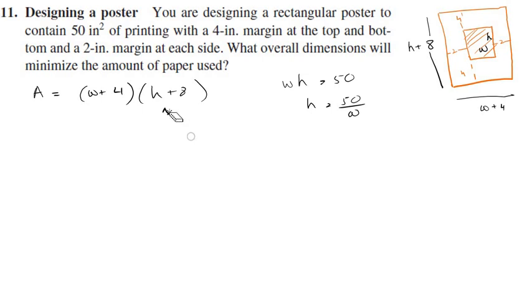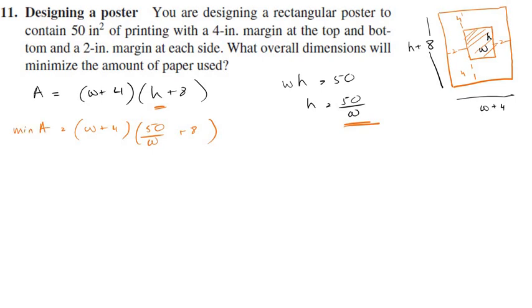So we have W plus 4 times (50 over W plus 8). Okay, so we know that we have to minimize this. We have to minimize A.